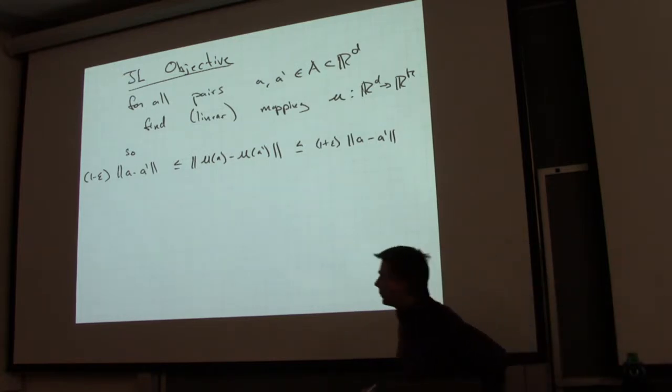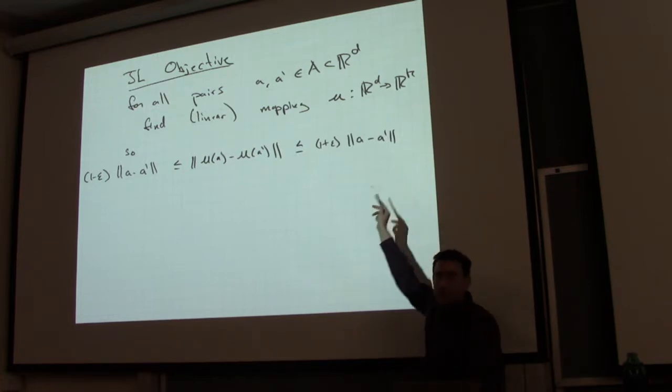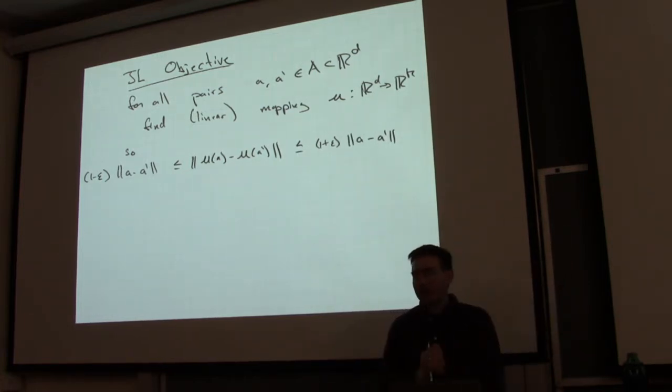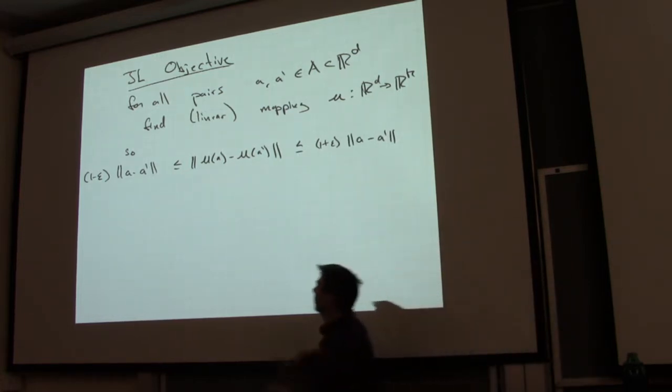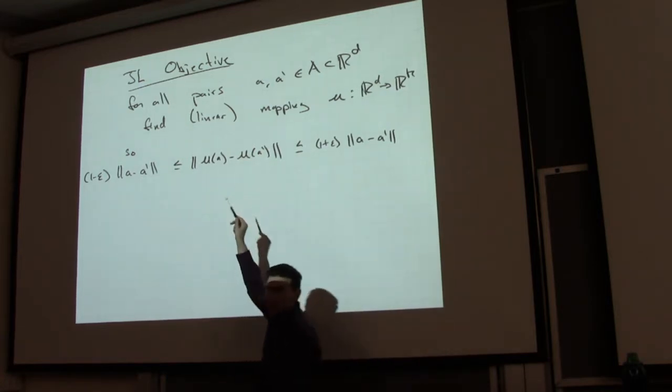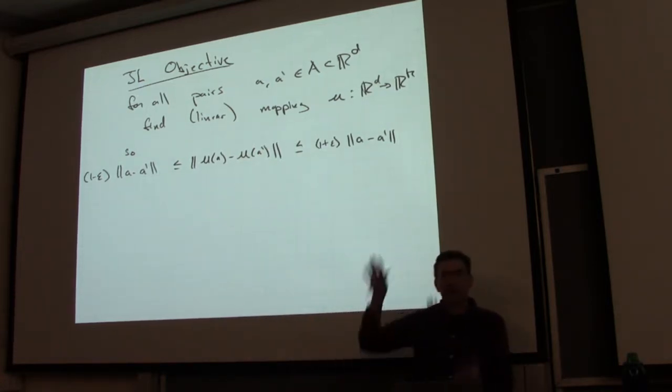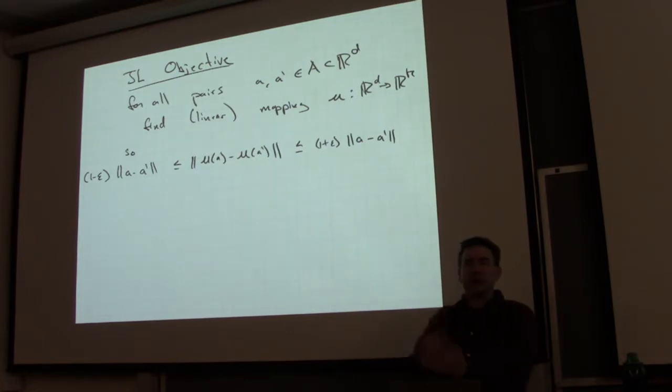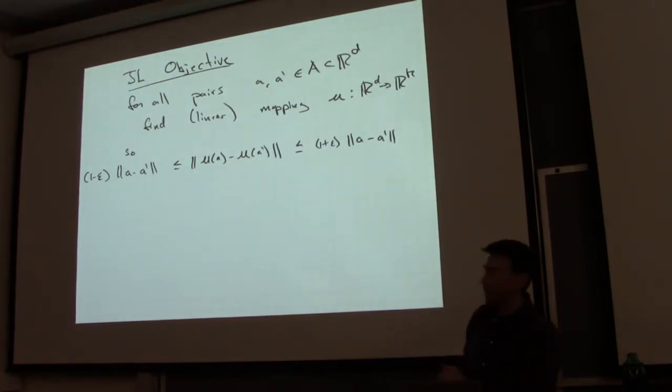So A minus A prime is the original distance in the high dimensional space, right? And this is going to be the new distance in only k-dimensional space. So I'm going to go down to some much smaller dimensional space, and preserve for all pairs of points that the distance is approximately the same.